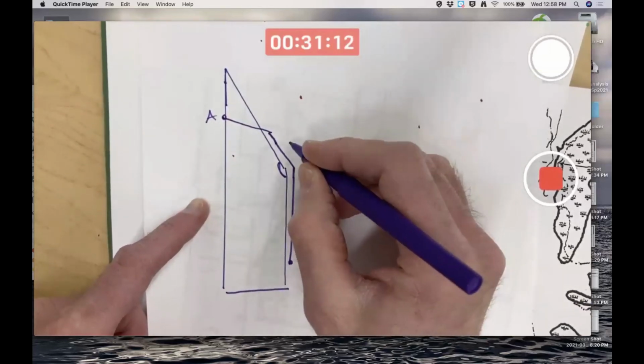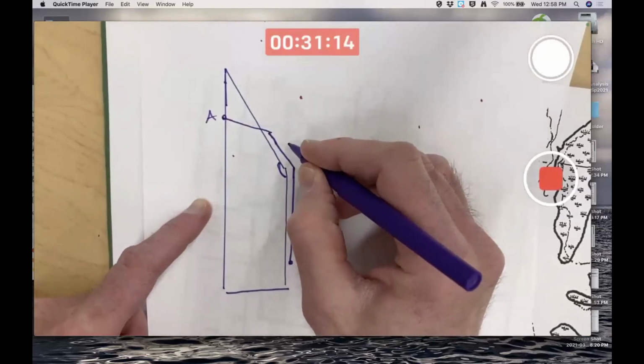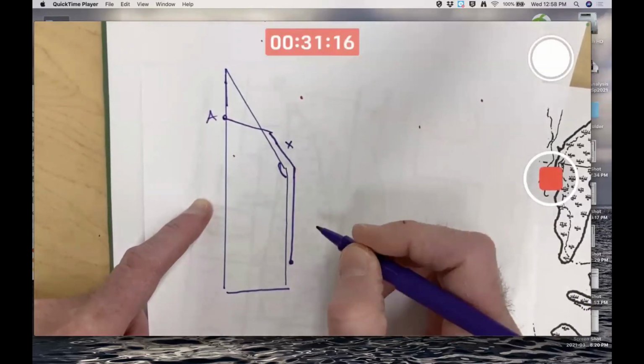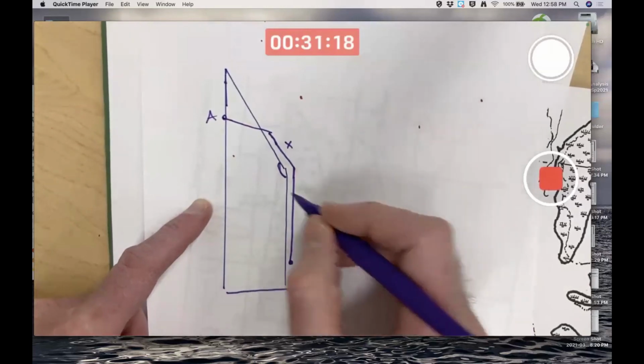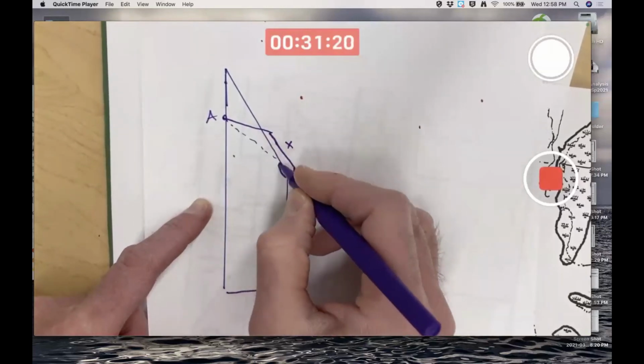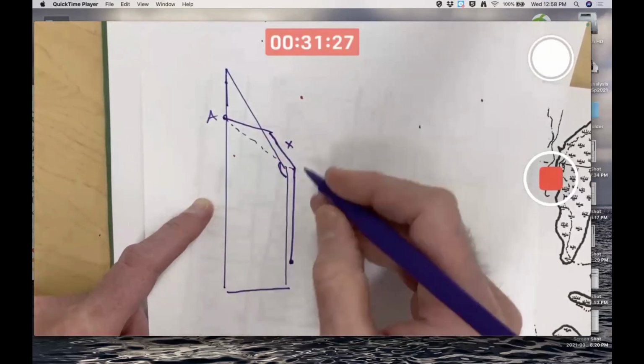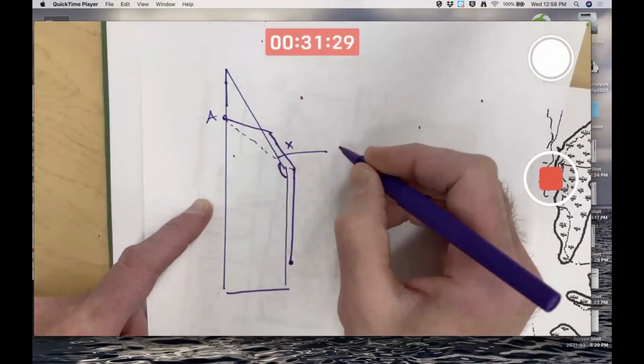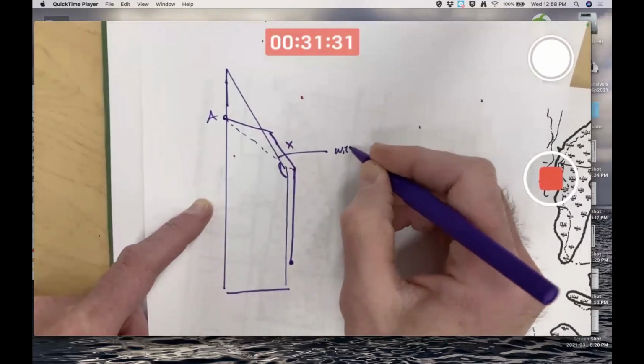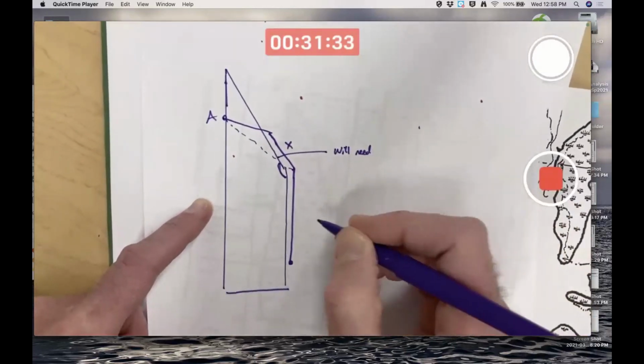I may also ask you to write down a cost formula if this is your unknown variable distance. There's a triangle that you can draw in here. It's no longer a right triangle. And because of that, you're going to need the law of cosines, which probably most people have forgotten.